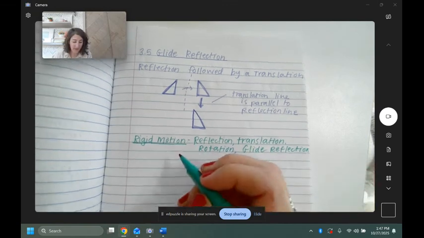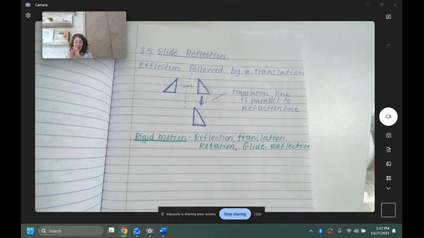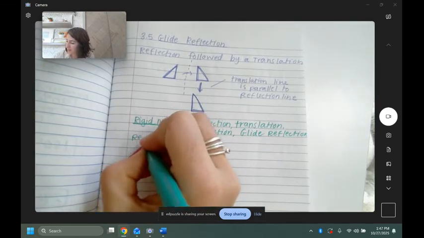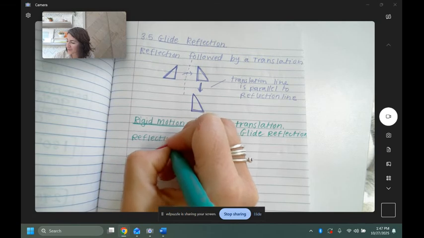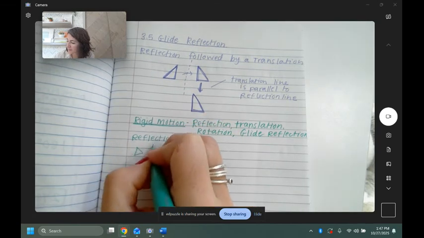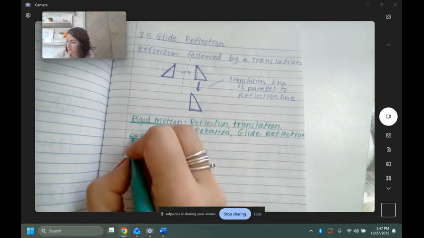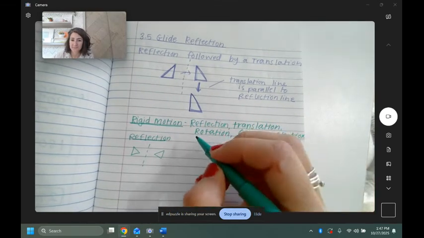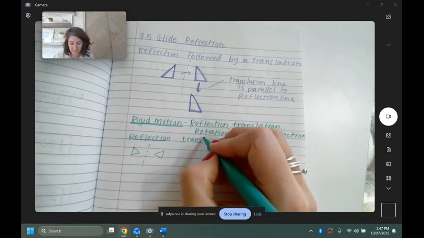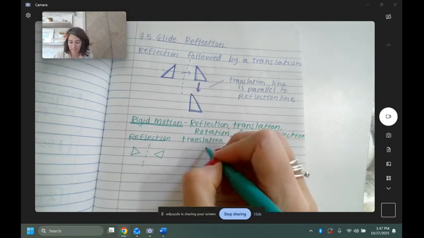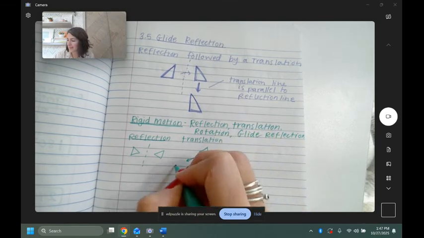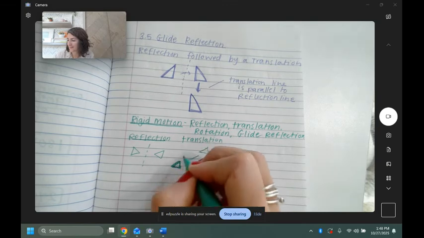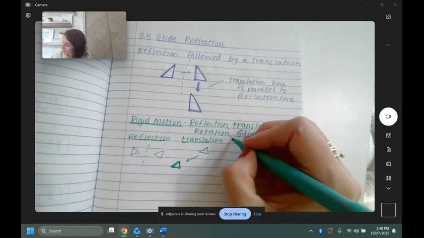And just to kind of have a picture of these all in one spot, I should have done that all in one. That's okay. So a reflection might look something like this. A translation. Got your triangle, slides down there. Try to get those to look exactly the same. Rotation.